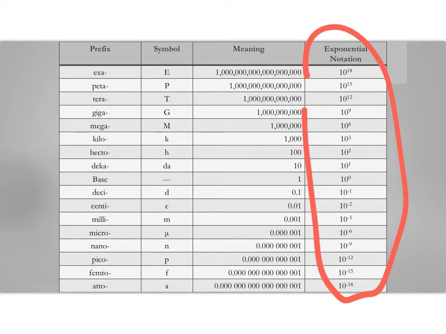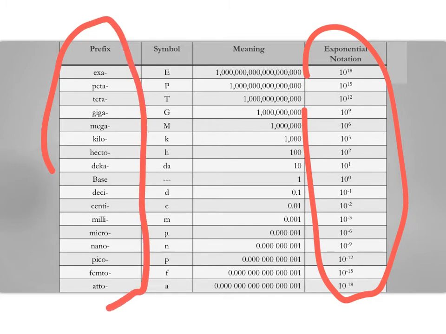Much less space taken up when you write those, and the previous couple slides had things written in exponential notation. But you can see all the prefixes over here used to describe those different numbers, where the base unit starts everything.